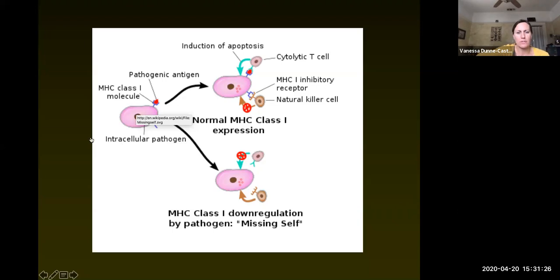Under most normal circumstances, as this pathogen infects the cell, it will also get processed by the MHC class 1 machinery inside the cell, and you'll have the presentation of a pathogenic antigen on MHC class 1. This, as just mentioned, will lead to the activation of our cytotoxic T cells and induction of apoptosis through the release of perforins and granzymes.